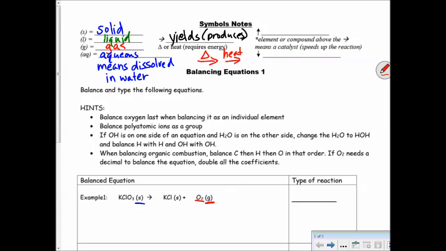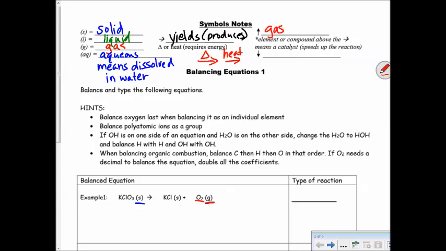Now over here for some other symbols, sometimes used in balanced equations. Sometimes you might see an arrow pointing upward, which is also referring to something in the gaseous phase, like the arrow's pointing up like it's floating away. So if you see an arrow up next to something, that means it's a gas.